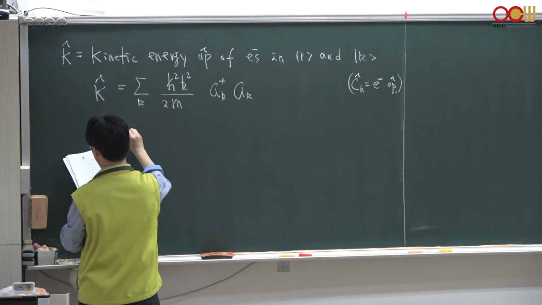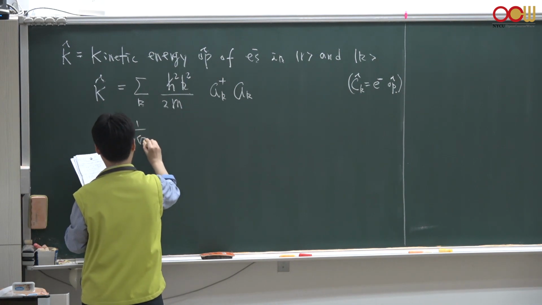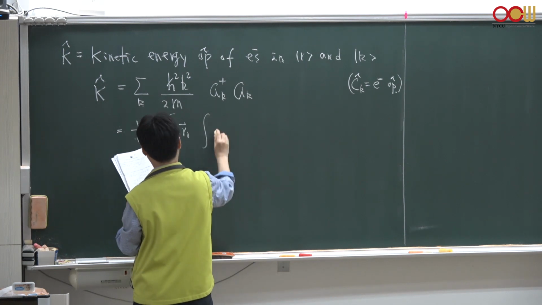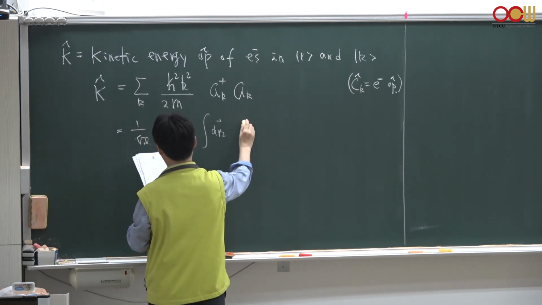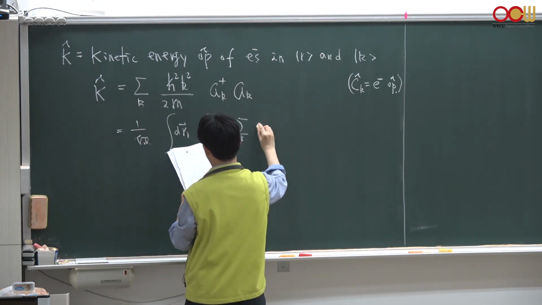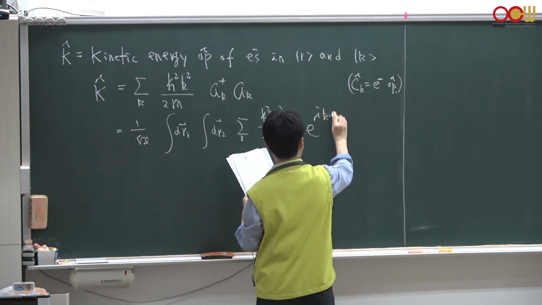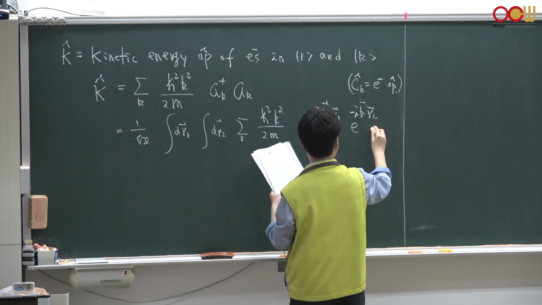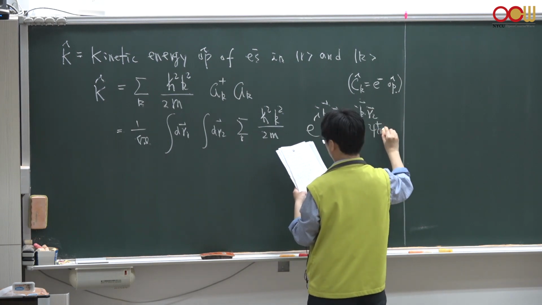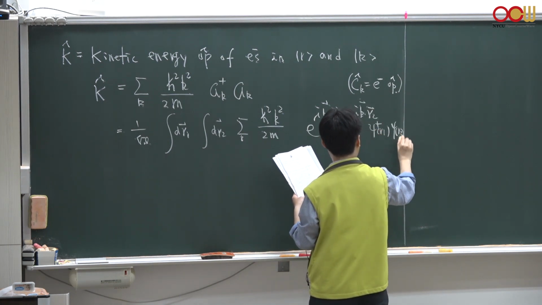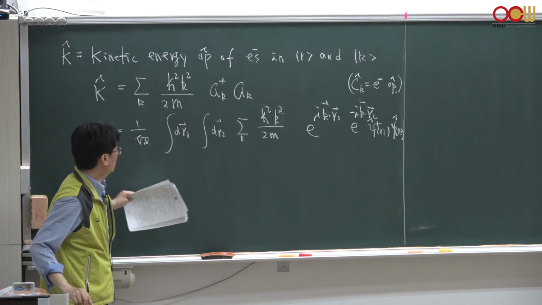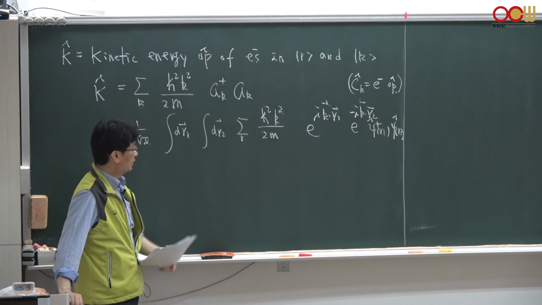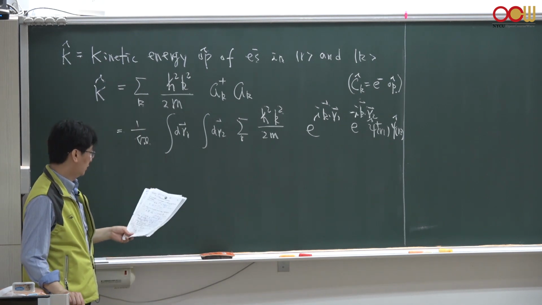So this is given by 1 over volume, integral dr1, dr2, sum over K, e to the i k dot r1 minus i k dot r2, and psi dagger of r1 psi of r2. Okay, so we can simply Fourier transform this A dagger K to the real space operators psi dagger and psi, and we perform this integral.